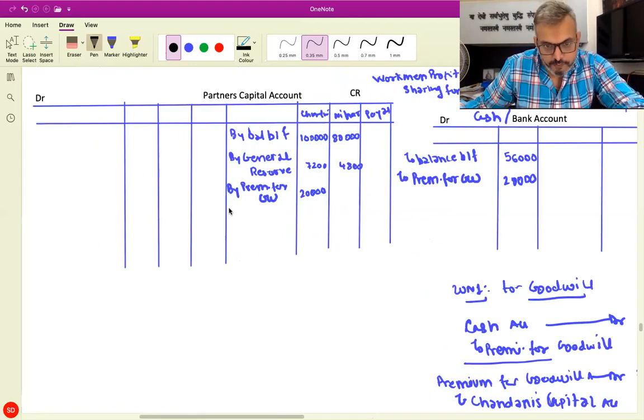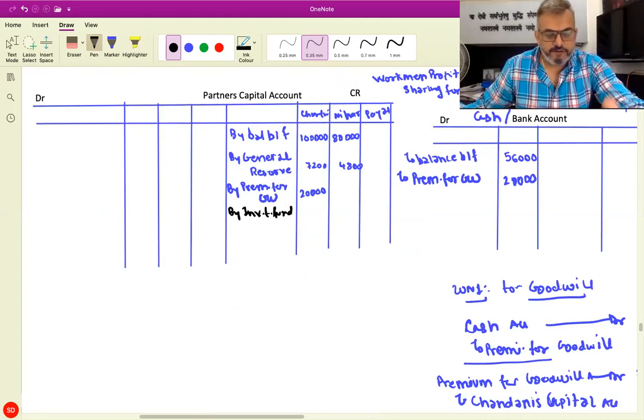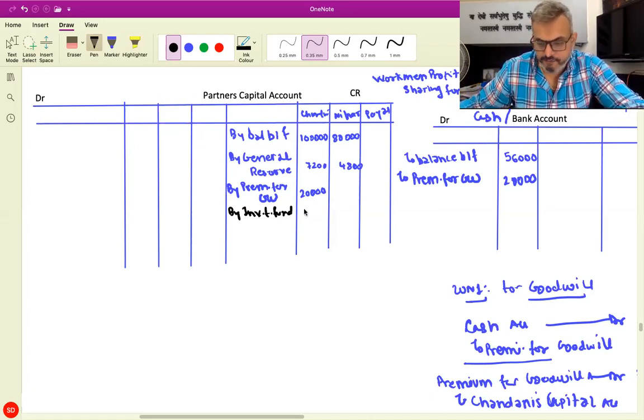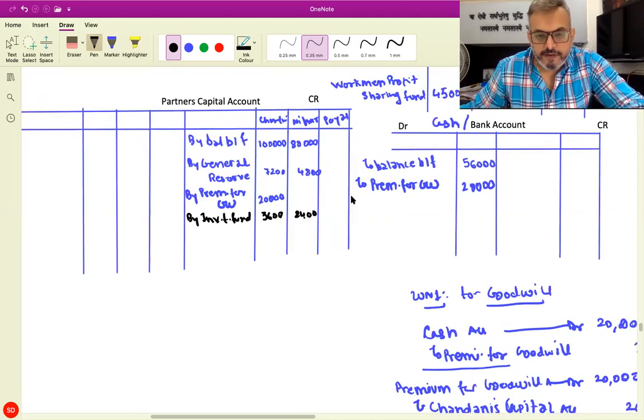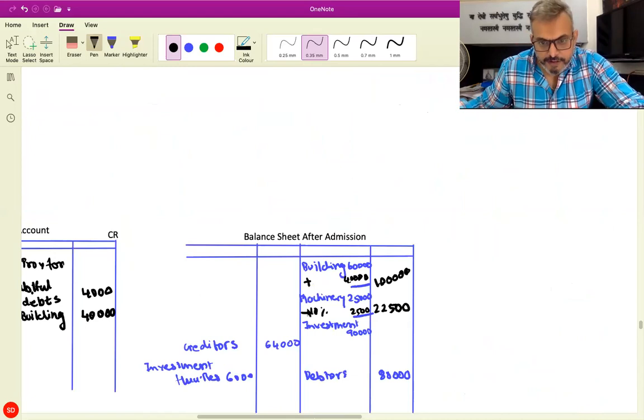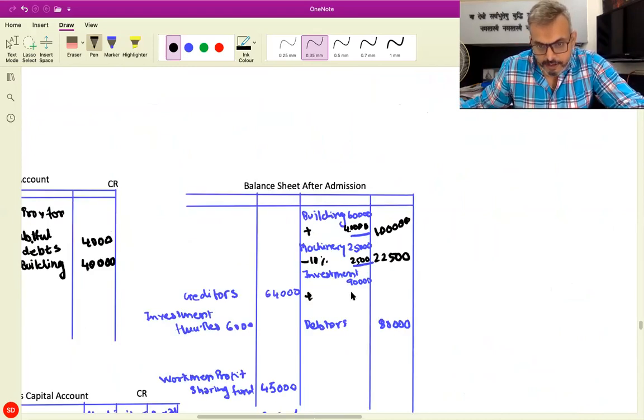So first let's distribute it by investment fluctuation fund. Amount of investment fluctuation fund or reserve is 6,000. So it will go 3:2. So 6,000 divided by 5 is 1,200. So 3,600 and 2,400. At the same time, investment increases, so plus 8,500. So 98,500.